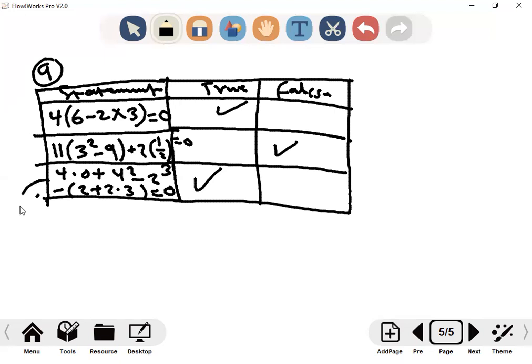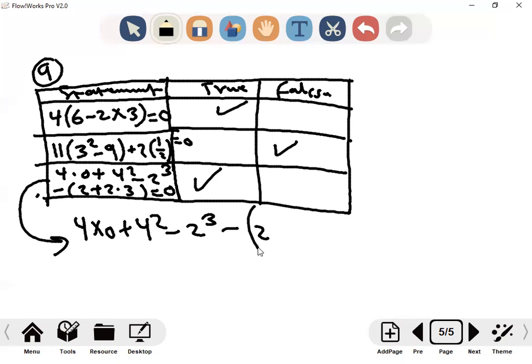This one, let me do it. 4 by 0 plus 4 power 2 minus 2 power 3. Minus 2 plus 2 multiply 3, right?